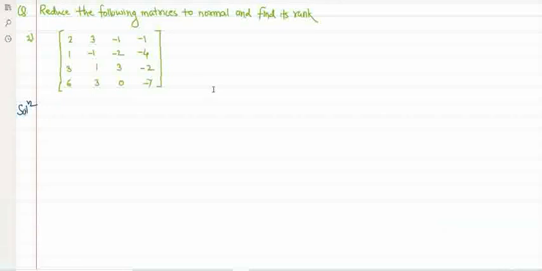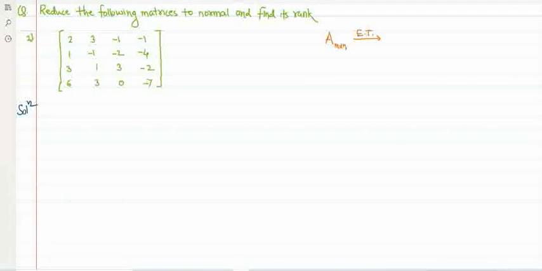Okay. Suppose the matrix A is given. To explain, I will use A is a matrix of order m by n. Now you have to apply an elementary transformation on matrix A. That elementary transformation includes row as well as column transformation.